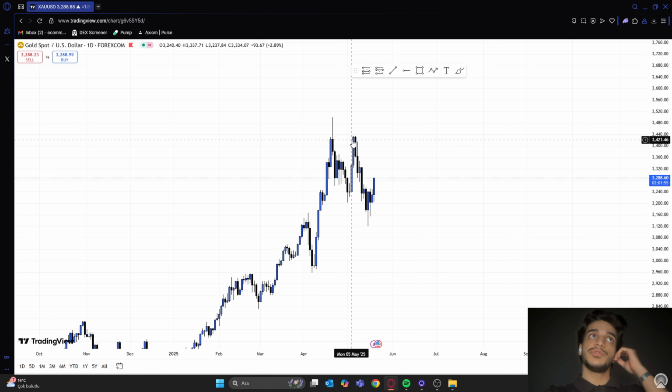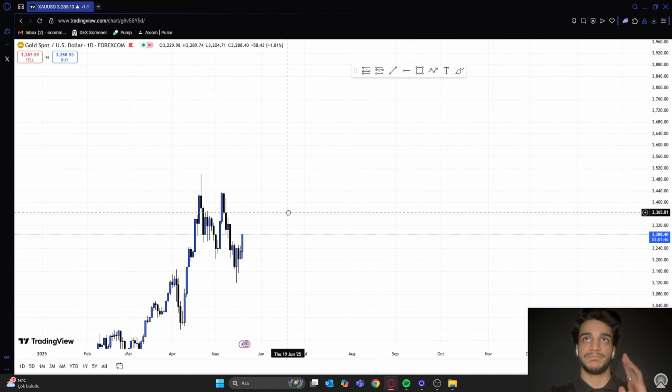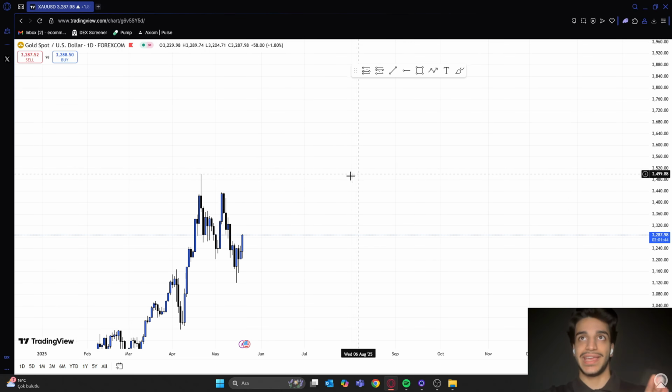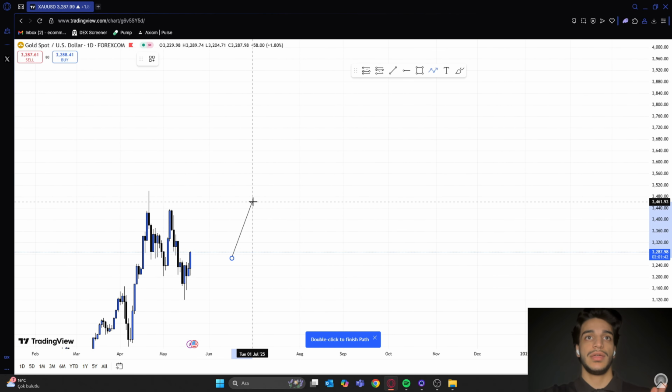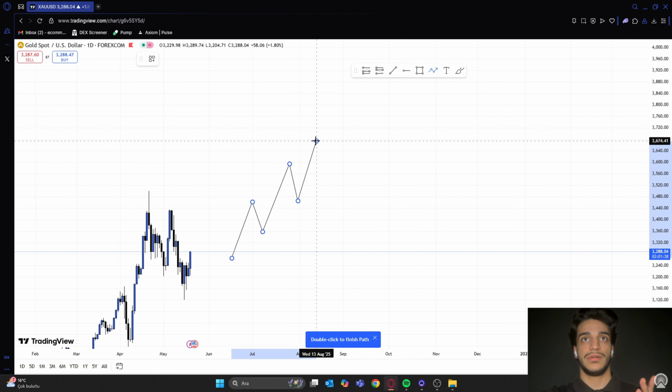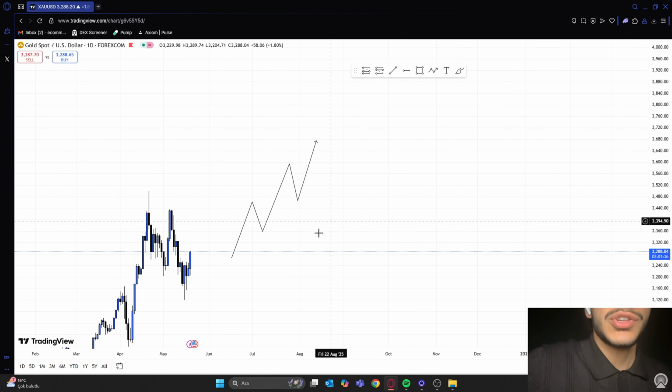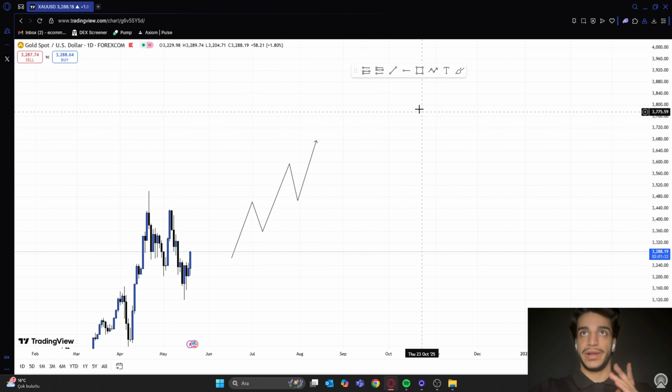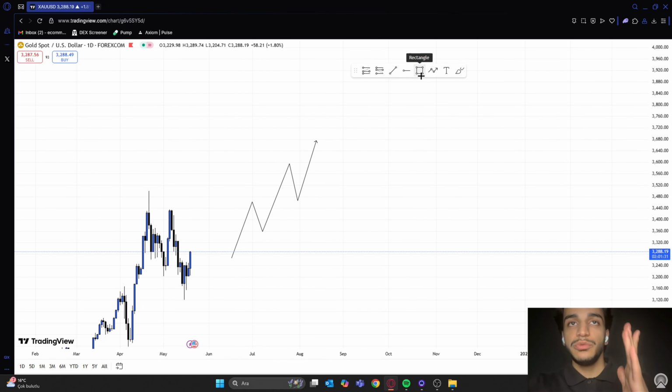But to have a proper entry, what I'm trying to say is, I am drawing a trend right here. So this is an uptrend. How do we take this uptrend?